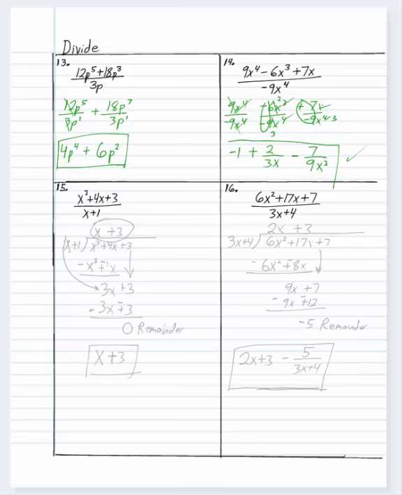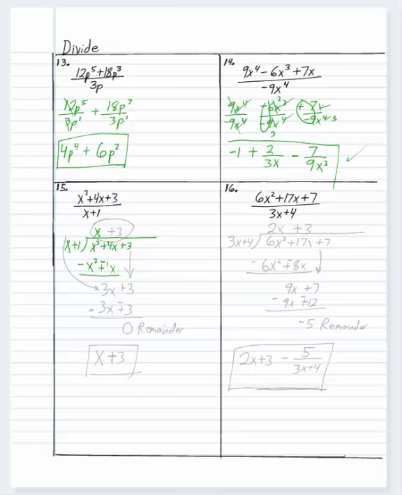Alright, 15, we're going to have to divide using long division. So, bear with me. I have x plus 1 going into x squared plus 4x plus 3. x can go into x squared x times. x times x is x squared. x times 1 is 1x. Now with long division, this is usually a step where you would subtract, so let me change the signs.